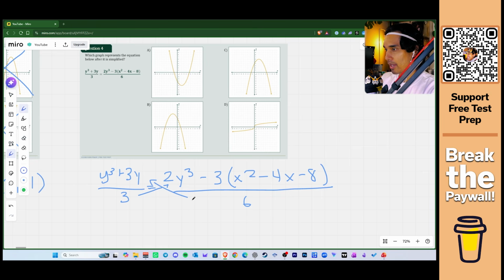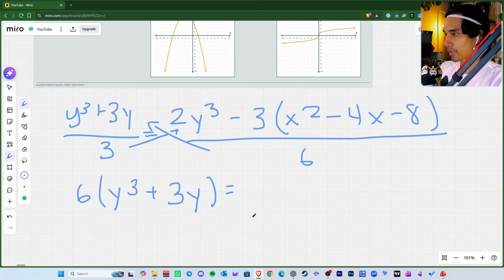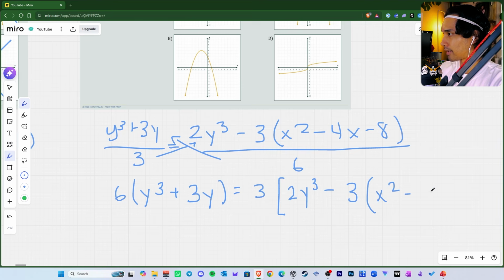So I'm going to show this 6, and then in parentheses, y cubed plus 3y is equal to, just want to give myself some room, and then I have 3, and then I'm going to bracket this: 2y cubed minus 3 times (x squared minus 4x minus 8), and then parentheses and bracket.